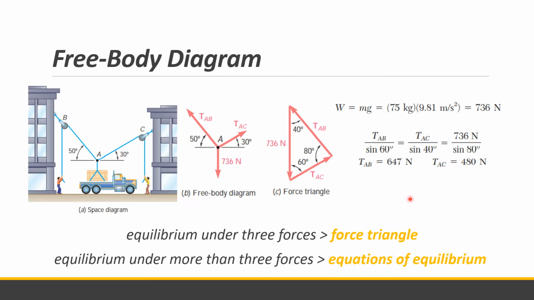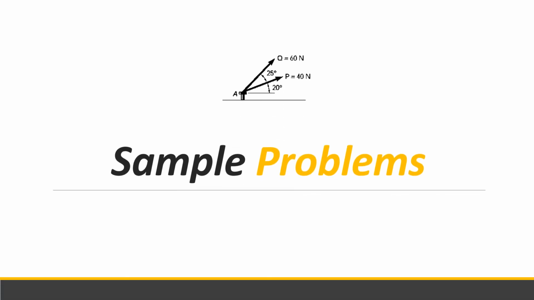That is, the summation of forces is equal to 0 and the summation of the components is also equal to 0. So for a force system containing four or more forces, we apply the equations of equilibrium, since the force triangle can no longer be applied. Okay, so for better understanding, let's have some sample problems.